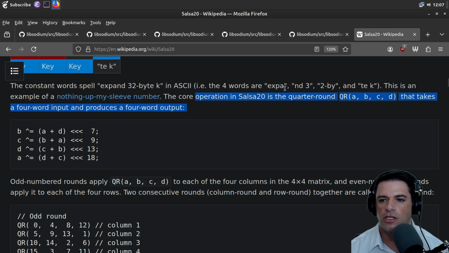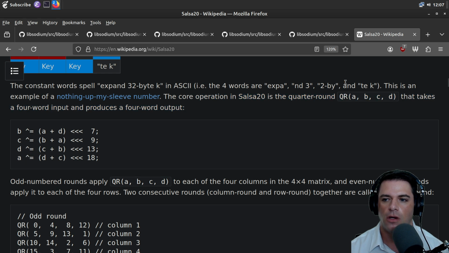The core operation in Salsa20 is a quarter round, QR(a, b, c, d), that takes a 4-word input and produces a 4-word output. So we're going to take b, XOR it with a plus d, and then this triple shifty operation. I guess this is like a streaming operation?